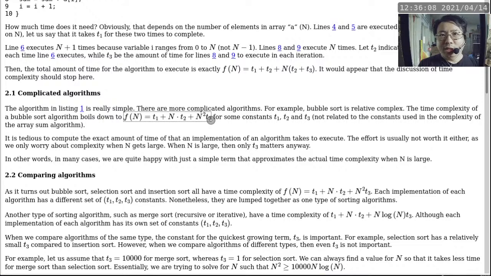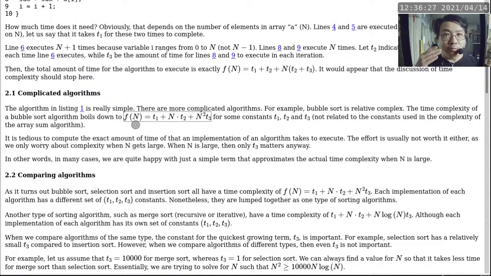And guess what? None of that really matters, right? Because the reason why we want to compute this kind of f of n most of the time, not all the time, but most of the time, is because we just want to compare 2 different algorithms.